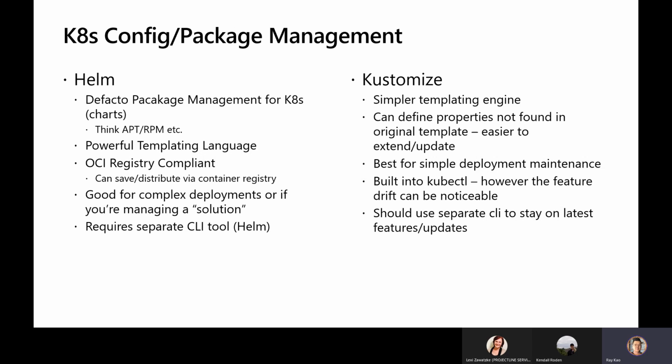Kustomize is much simpler. You just add one kustomization YAML file within your project itself that defines the locations for all the different manifests, which include CRDs, ingress rules, your actual deployment, you name it. You just tell that file where to locate those manifest files within your project, and you can override them.